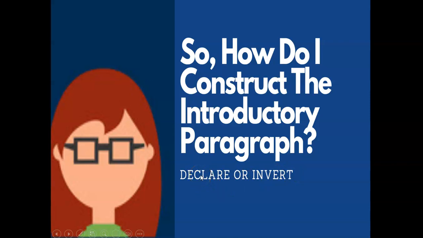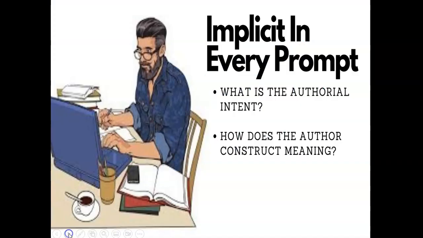Rhetorical analysis, you declare. Argument, synthesis, persuasion, research, it's a 50-50 coin flip, pretty much contingent upon the prompt and how you want to get around the rhetorical situation. You can either declare or invert. Like I said, it's 50-50. So kids have got to kind of choose their thunder and roll accordingly.